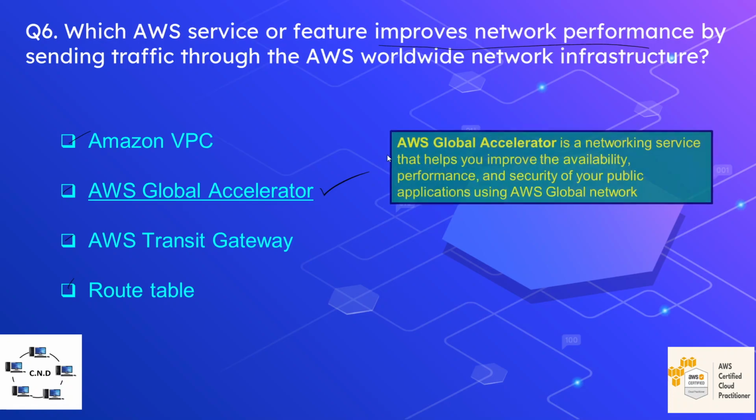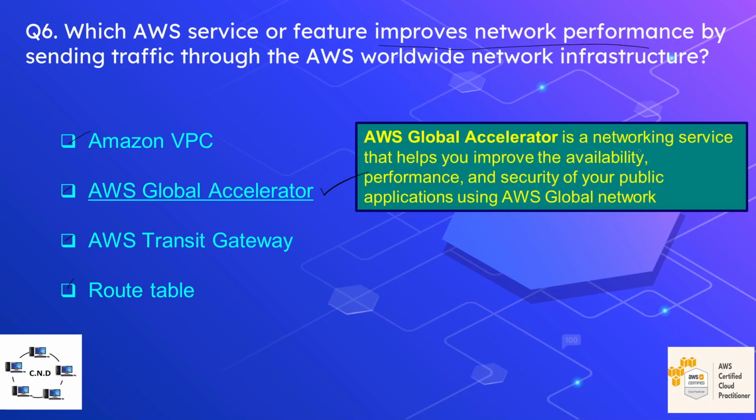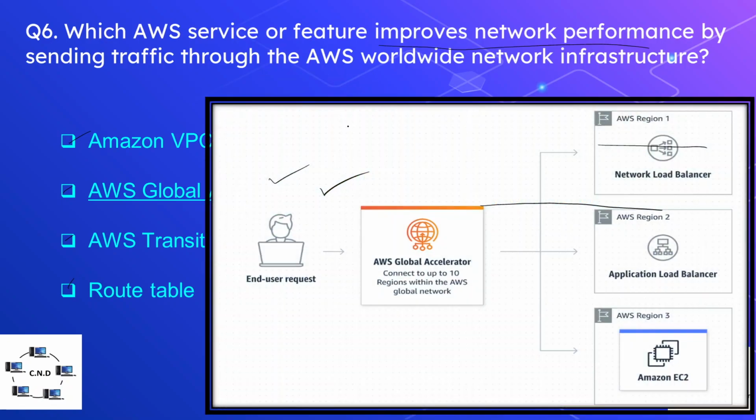So the AWS Global Accelerator is a networking service that helps you improve the availability, performance, and security of your public applications using the AWS Global Network. As we can see here, it helps you connect with multiple, up to 10, AWS regions.